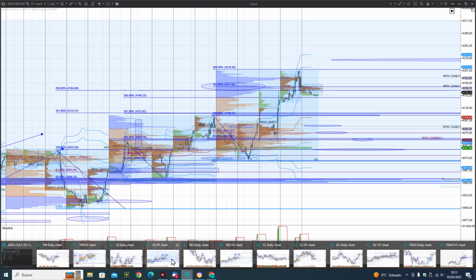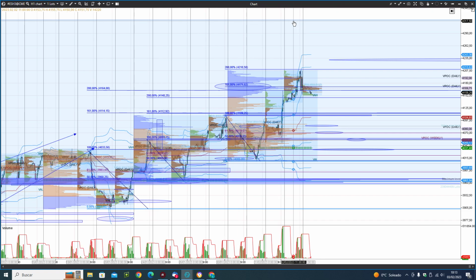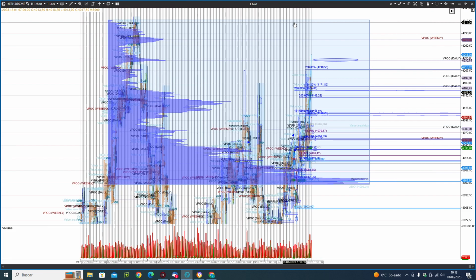Well, let's jump to S&P. S&P, if we make a profile, a long time profile, we can see this high volume node 4,230, and then this another one 4,275.